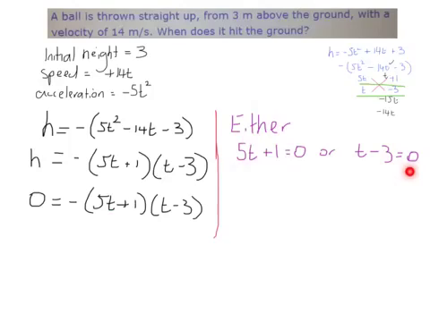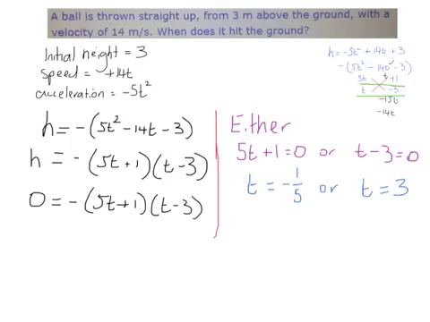So if 5t plus 1 equals 0, then by rearranging our equation here, we would get t equals negative 1/5. And if t minus 3 equals 0, then by rearranging our equation, we would get t equals 3.